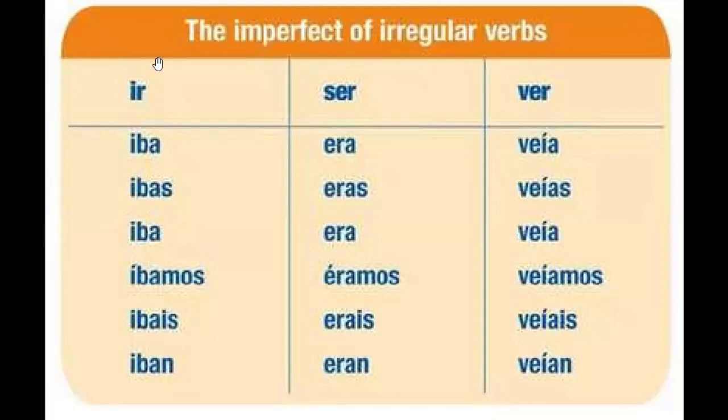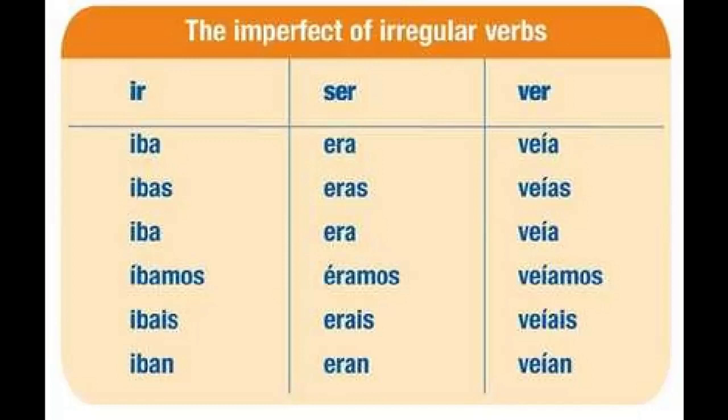So, for example, I can say, yo iba a la escuela todos los días. I used to go to school every day in the past. Remember, imperfecto, first situation.